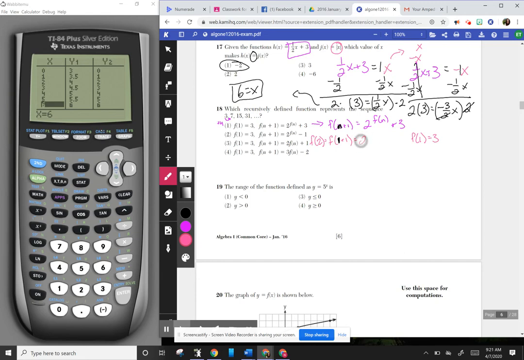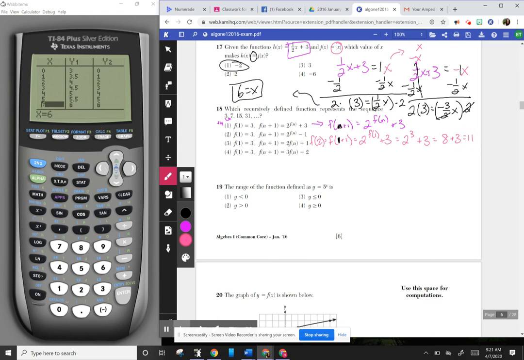And that equals 2 to the f of 1 plus 3. And we know that f of 1 is 3. So this becomes 2 to the third plus 3. 2 to the third is 8, plus 3 is 11.